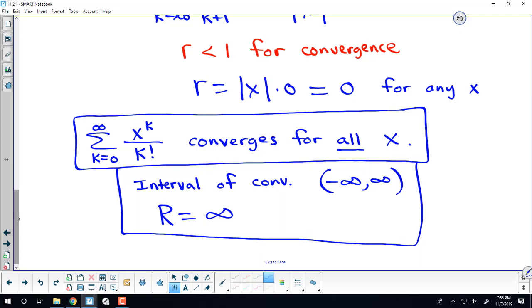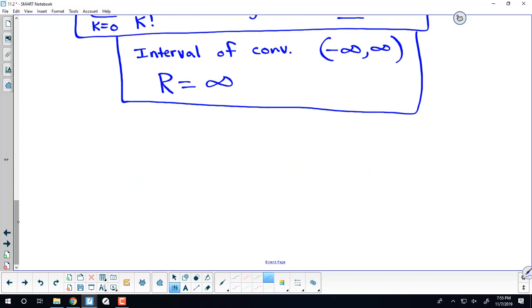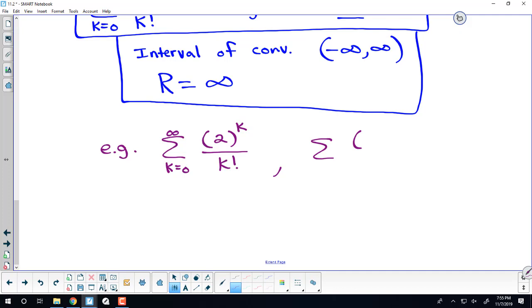So, for instance, what we're saying here is that the sum from k equals 0 to infinity of 2 to the k over k factorial, or negative 1.75 to the k over k factorial, or pi to the k over k factorial, all of those series converge.